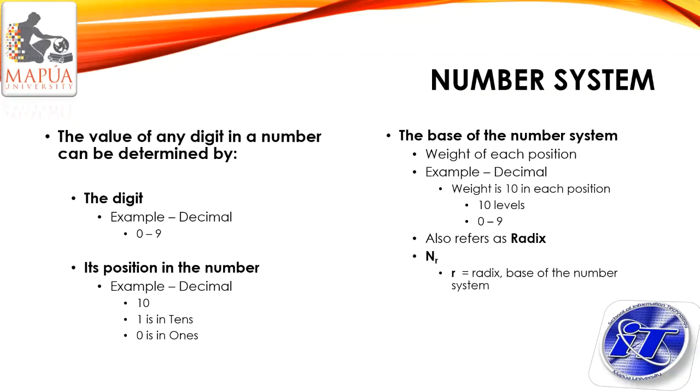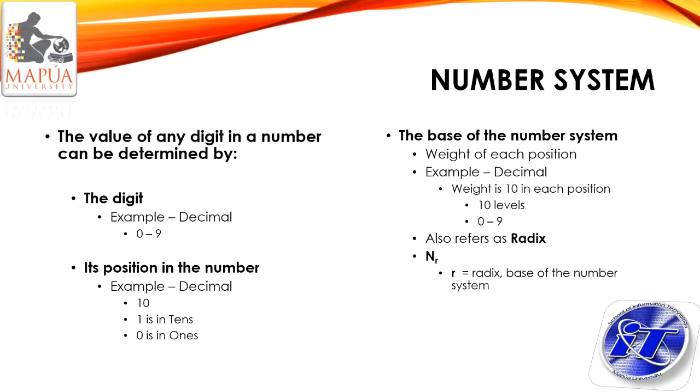And to determine what is the base of the given number, we use this notation. We use a subscript. So if it's a number with subscript 2, it means base 2. If it's subscript 3, it means base 3.